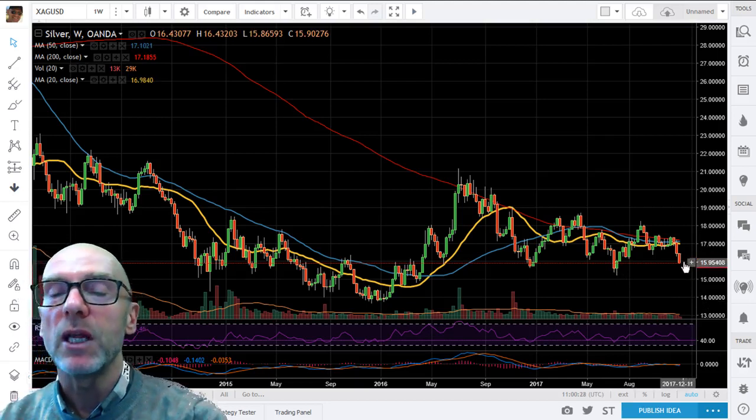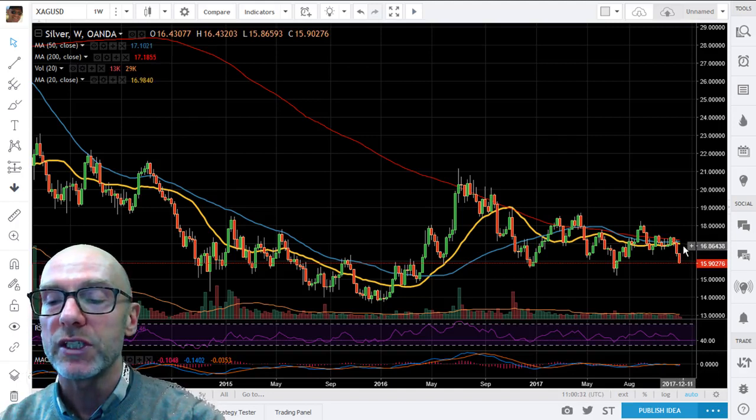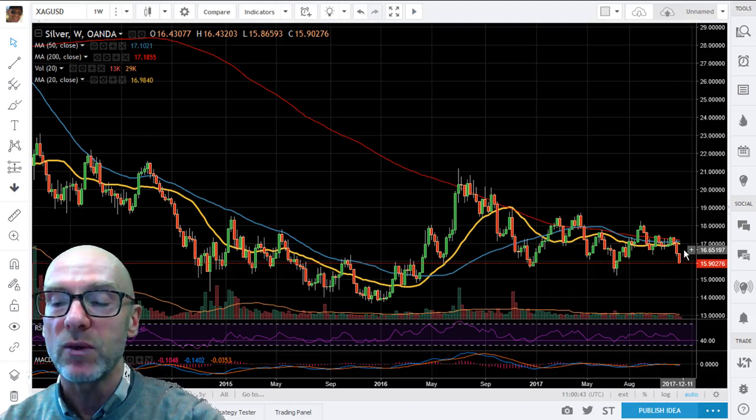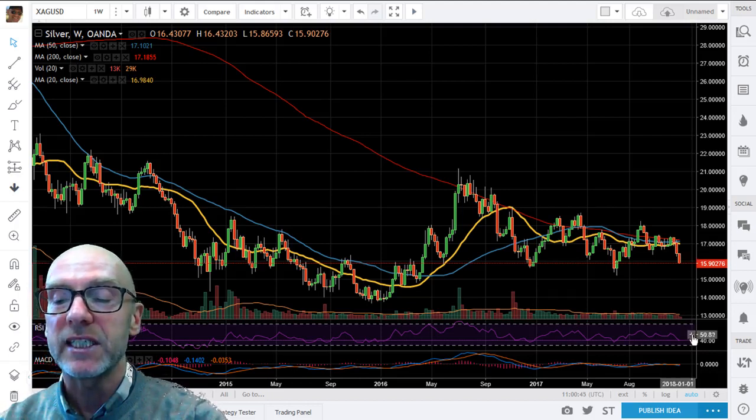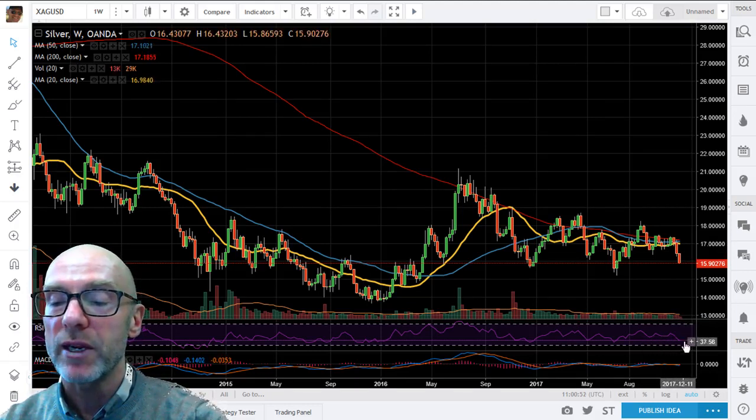We're now down below the moving averages on this weekly, and you can see that they're all starting to track down. 20, 50, 200, all very close together, moving downwards. A very negative influence on the market if there were to be any rally. And there is negative momentum on this weekly with the RSI in a downtrend, towards its lower boundary.